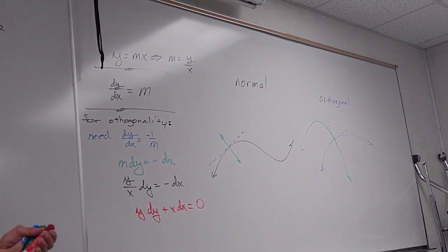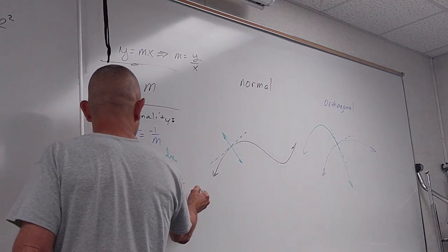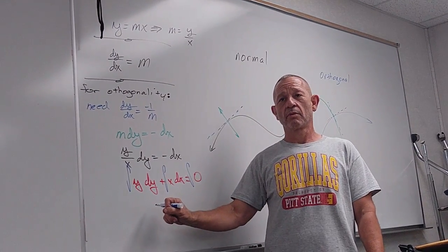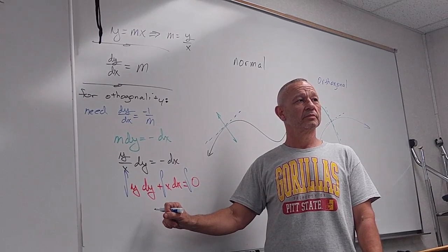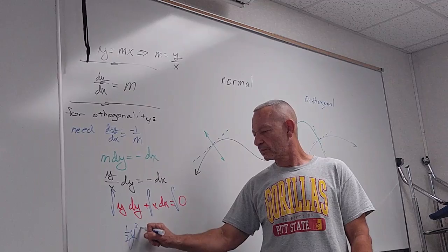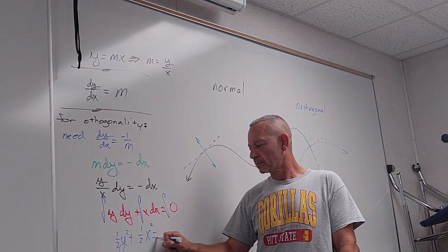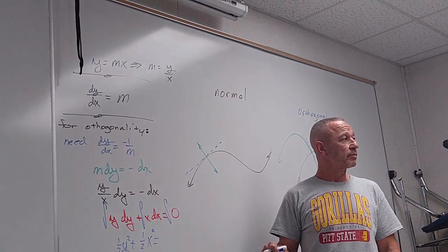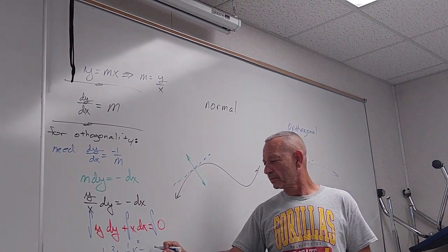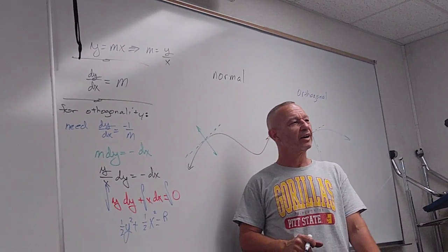And now let's integrate. One half y squared plus one half x squared. Why don't we call that r?